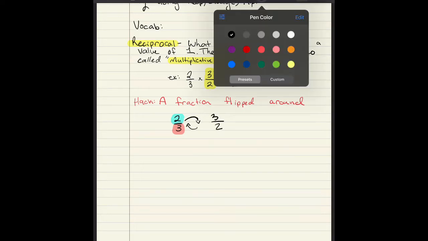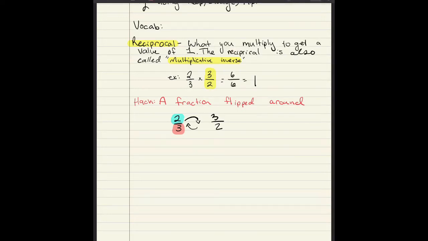And I'm going to highlight these, but technically 3 is now our numerator, but I'm going to highlight it so we can see the same colors. So we flipped our 2, and our numerator became our denominator, and now our denominator has become our numerator. So that's what a reciprocal is, a flipped fraction.